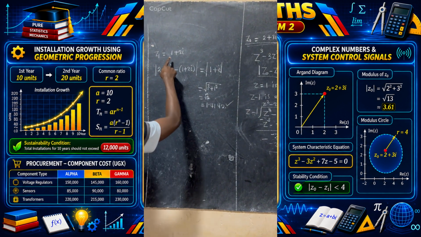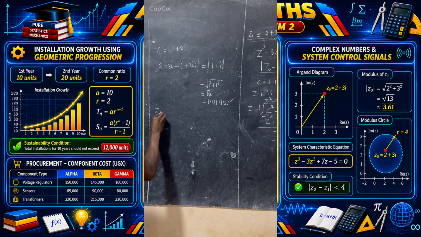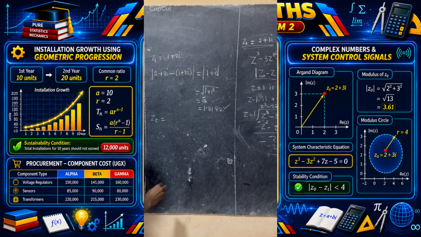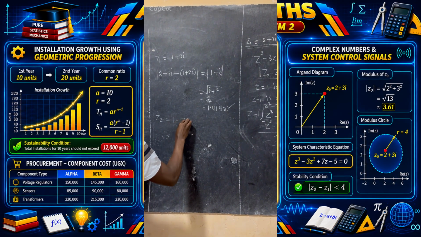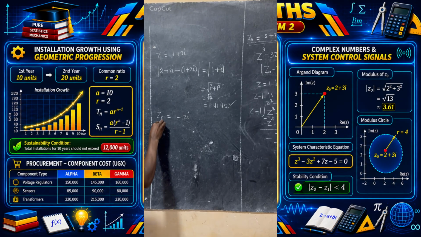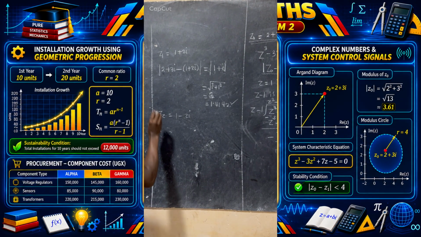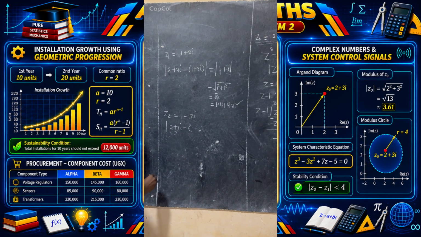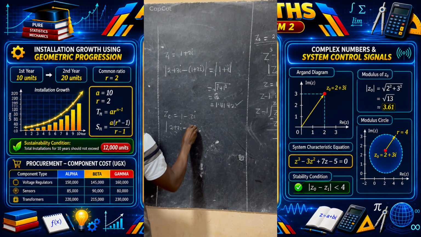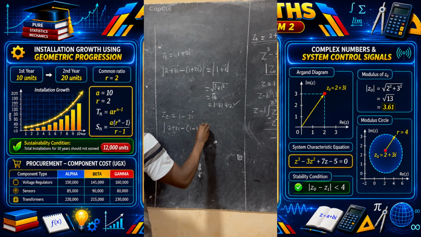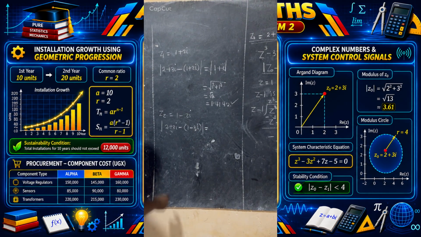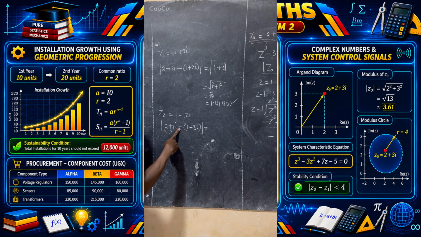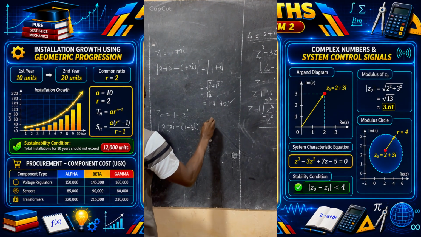Let us test for Z2. Z2 is equal to 1 minus 2i. The magnitude of Z0, which is 2 plus 3i, then minus, opening brackets is so paramount, Z2, which is 1 minus 2i. This is going to be 2 minus 1, which is 1.